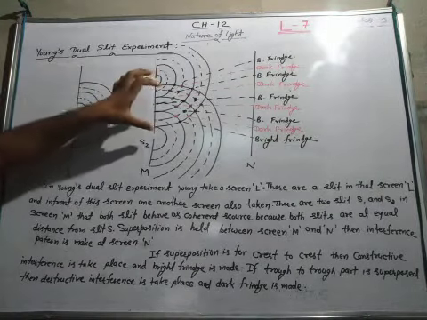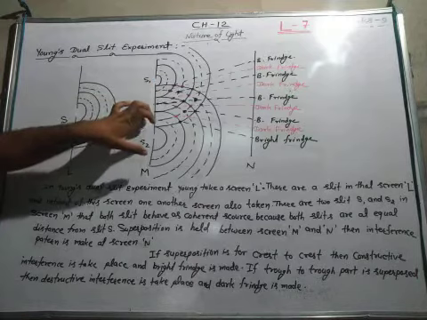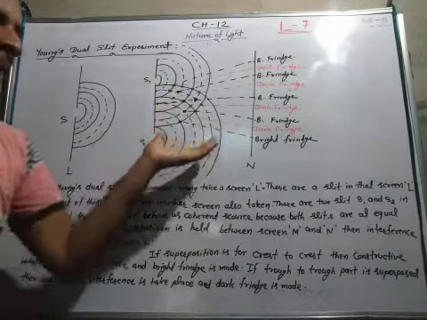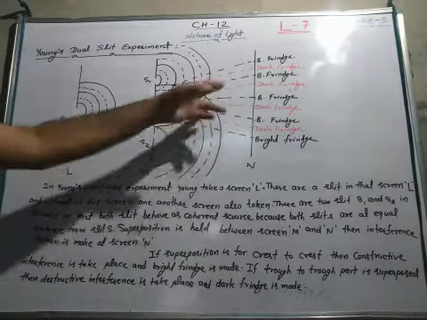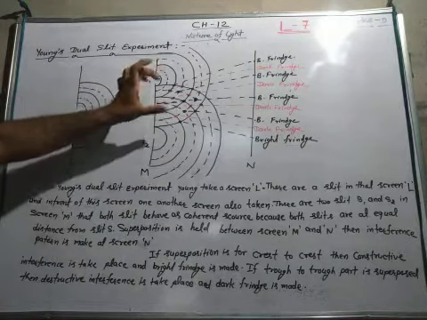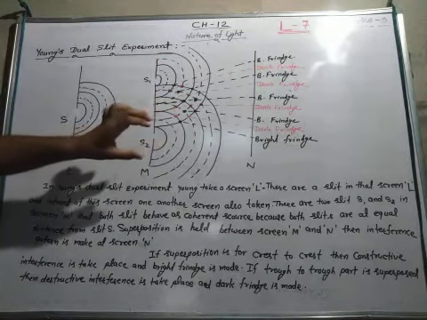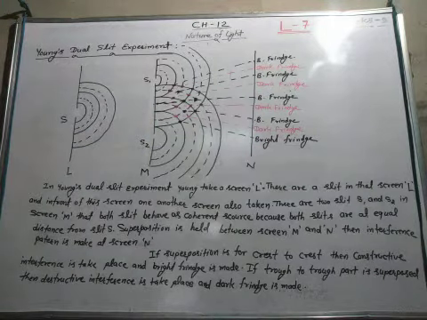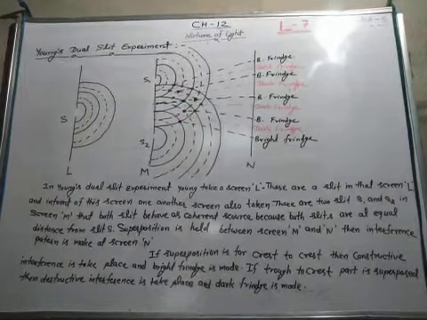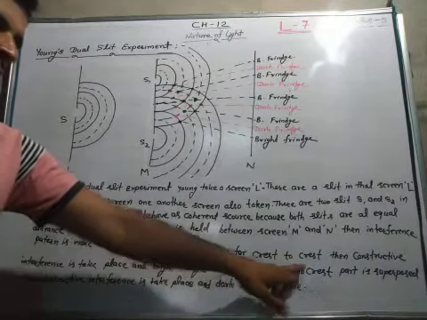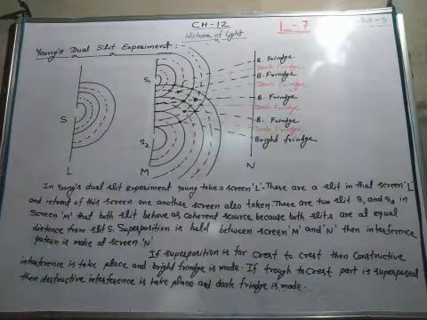And the waves coming from slits S1 and S2 are superposed between M and N and make an interference pattern. If crest meets crest and trough meets trough, then constructive interference takes place and makes a bright fringe.